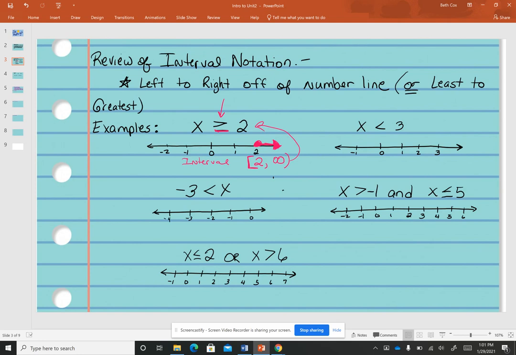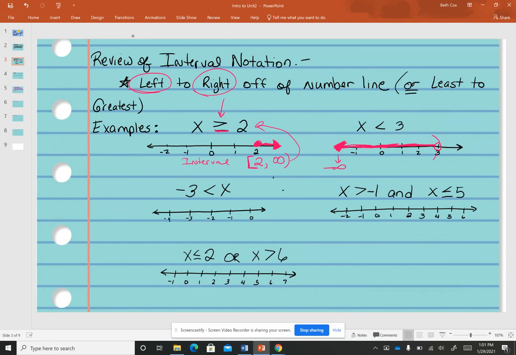All right. Next one says x is less than 3. So we're going to color all the numbers that are less than 3. And I'm not coloring 3. I'm going to put an open circle there. Some people use a parentheses there, but I'm not coloring 3. And so now for my interval notation, again, I have to do left to right. So on the left, I have this guy right here, which is negative infinity.